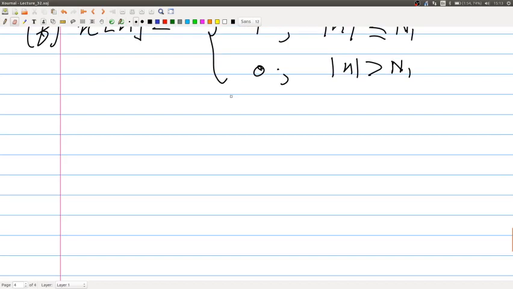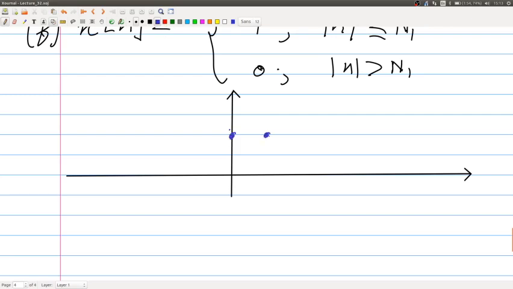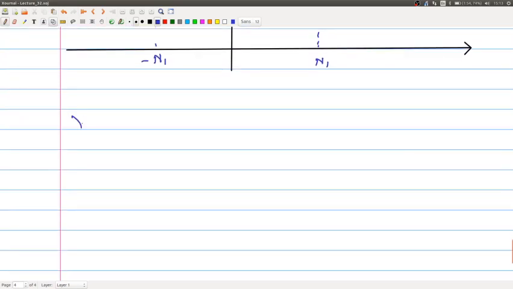Right, so if you want to plot this signal, this is 0, and this would be n1, this would be minus n1, and your X of omega would be simply the summation of n over minus n1 to n1 e to the power minus j omega n.